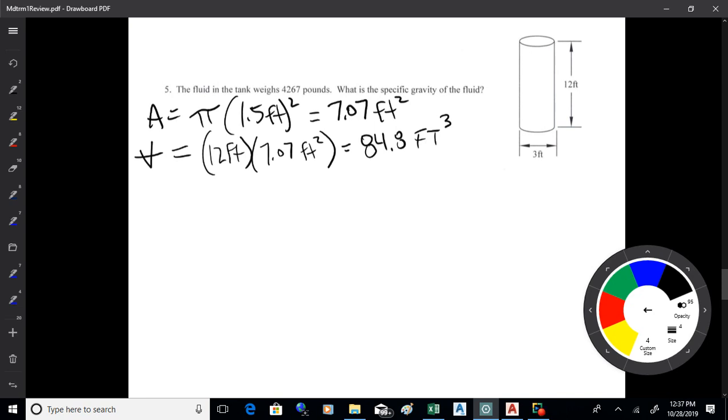Okay, and that gets me how much fluid I can put in the tank. Okay. Then I can divide the volume into the weight. And I'll get 50.3.